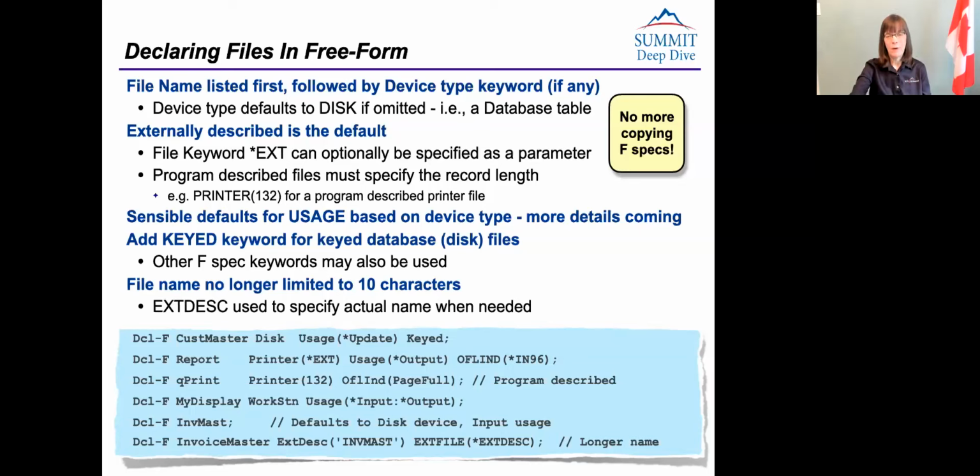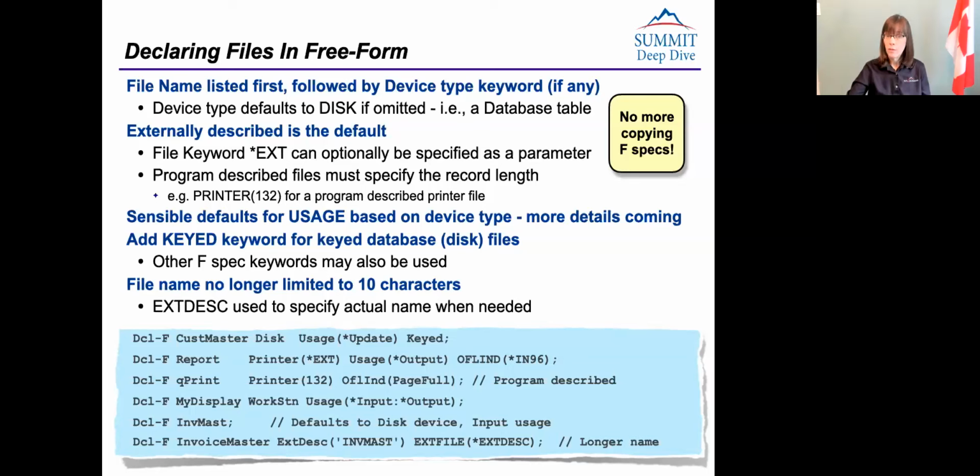I know whether it's input or update. I know whether it's a keyed file. I know what its length is, if it's a program described file. All of those things are so obvious now. So reading, maintaining the code, which we spend a lot more time doing, but also writing this code, especially with the defaults.